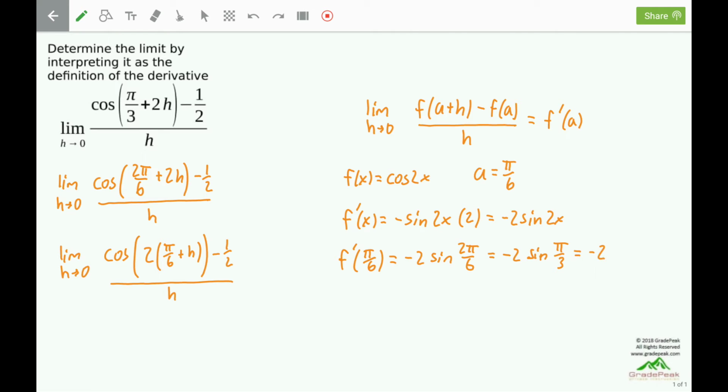And the sine of pi over 3 is square root of 3 over 2. So we have, multiplying the numerators, negative 2 root 3 over 2. And those 2's can cancel. And so overall we have negative root 3. And our limit up here is equal to negative square root of 3.